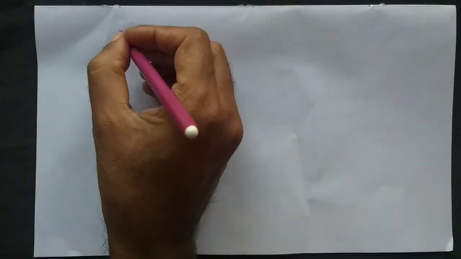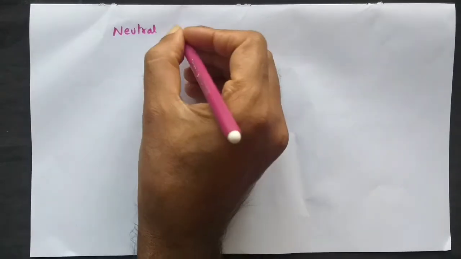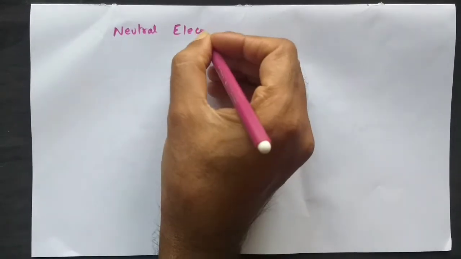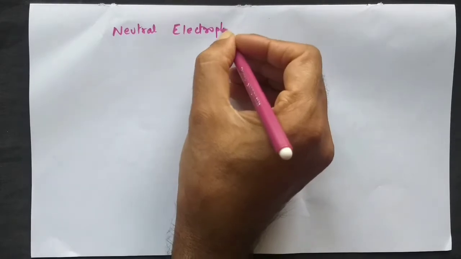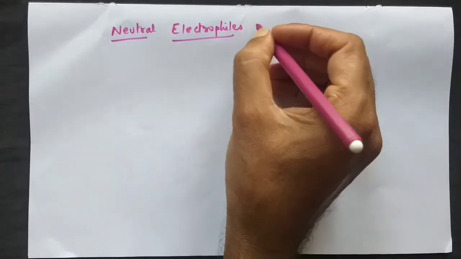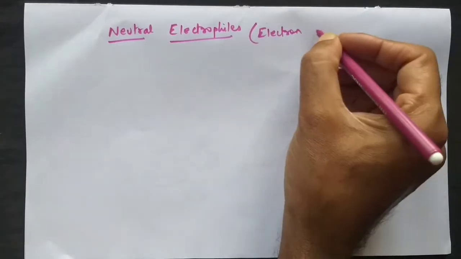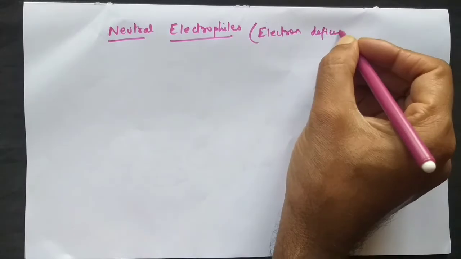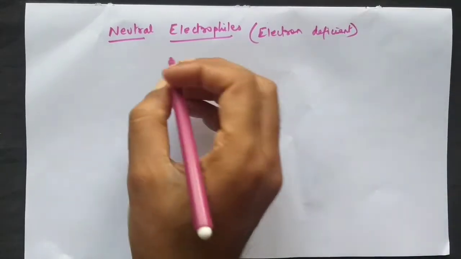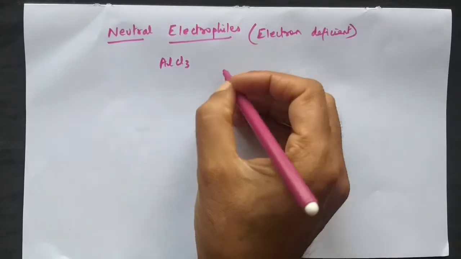Next, let us see neutral electrophiles. We know that electrophiles are basically electron deficient. Let us take AlCl3, aluminum trichloride.